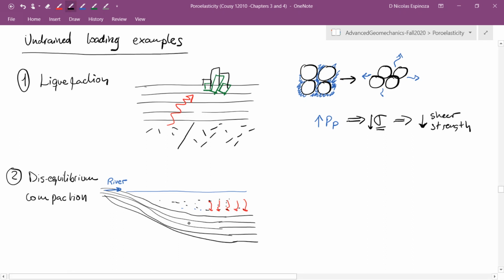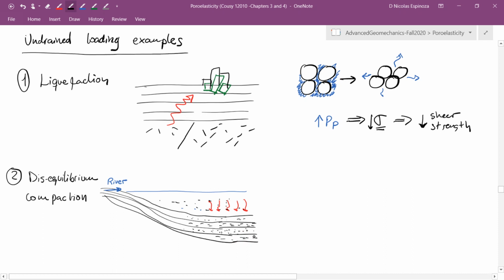Sometimes you could have these sediments to be muddy, that means with clays, or sometimes also mostly with sands and silts. It's going to depend on what kind of sediments are being transported by this river and dumped into this sedimentary basin.